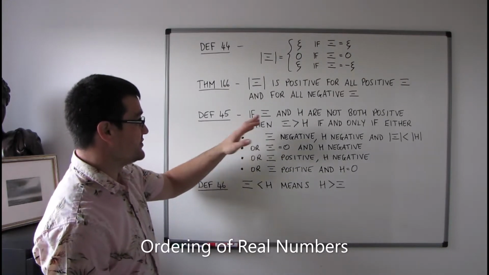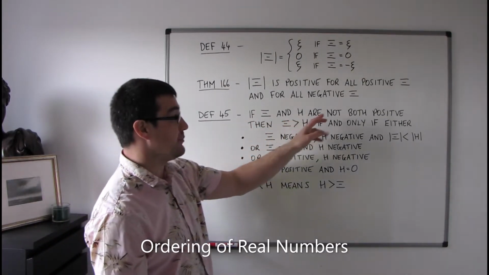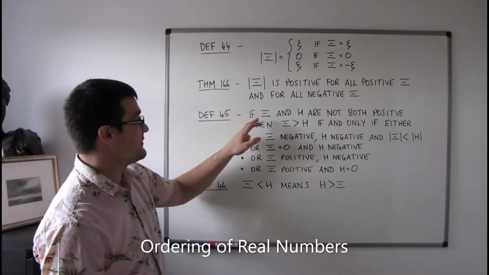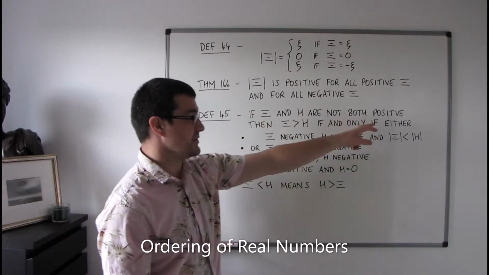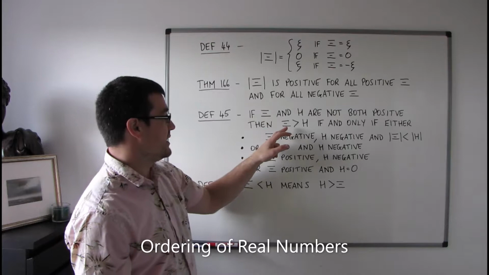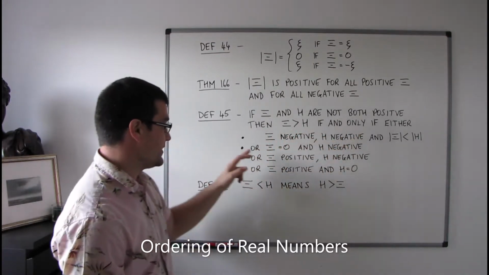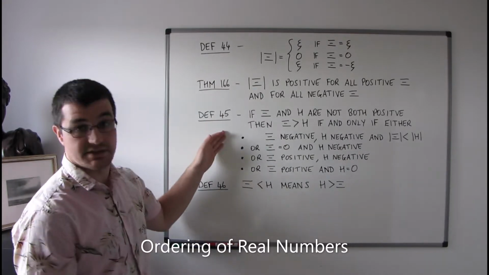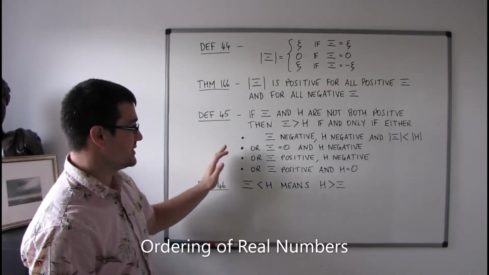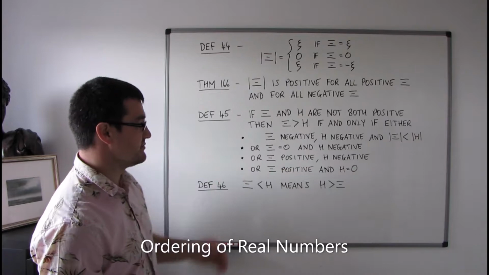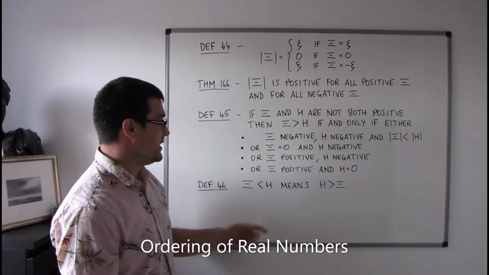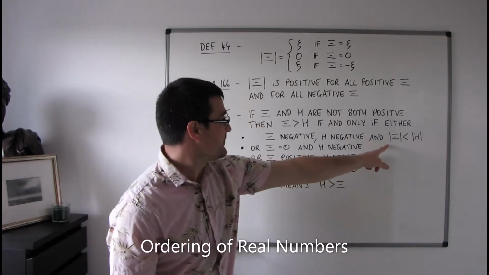So we're not interested in the case when ξ and η are both positive. So if ξ and η are not both positive, then ξ is greater than η if and only if either one of these cases obtains. So there's various combinations there that we've got to take into consideration. Notice that this makes sense here.